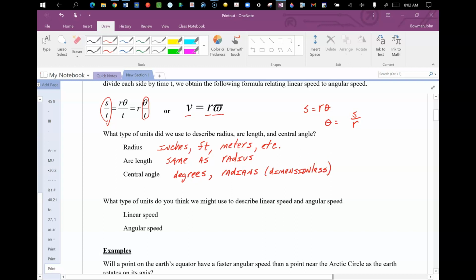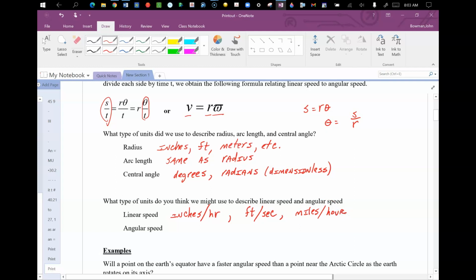Radians are dimensionless. Linear speed, on the other hand, or velocity, if we added direction to it, would be basically taking the arc length units and dividing by time. So inches per hour, or feet per second, or miles per hour, things like that.